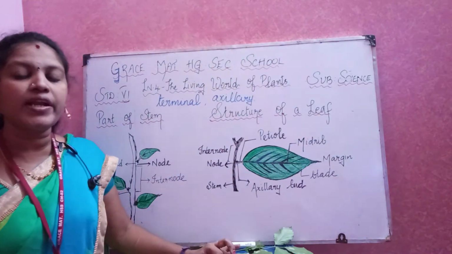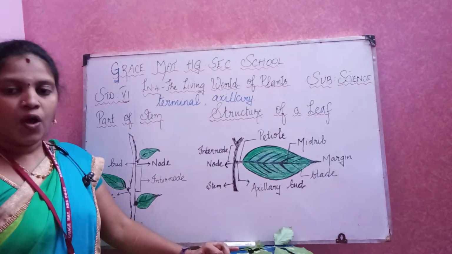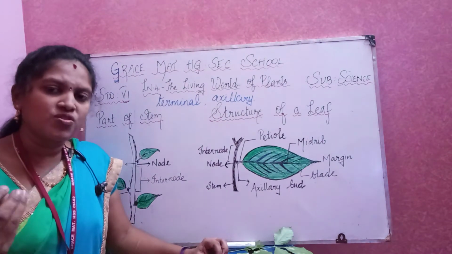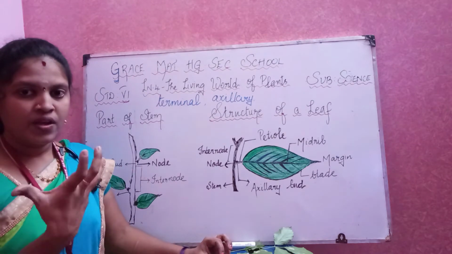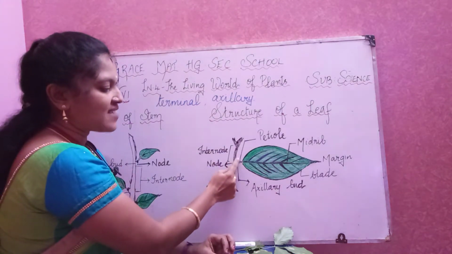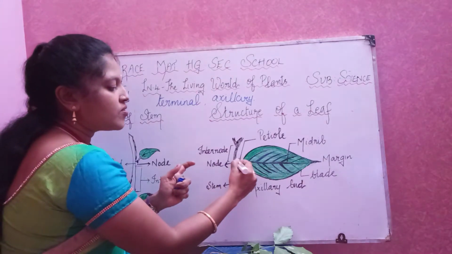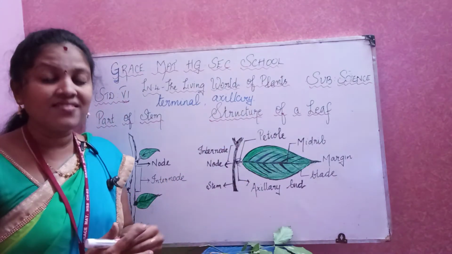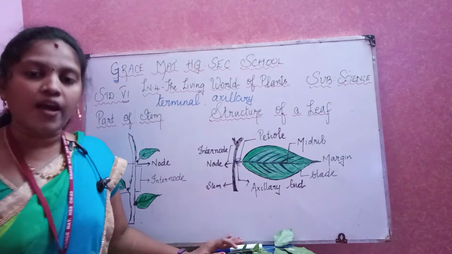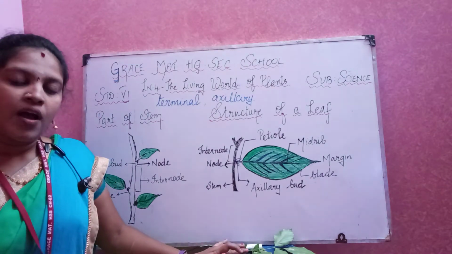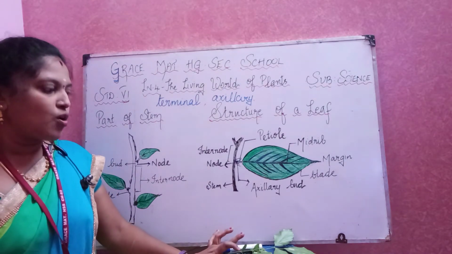What is it called, children? Leaf base. Sometimes in some plants you could see lateral growth at the axillary bud. You could see some growth over here. This part is called stipules. What is it called? Stipules. Okay, children? Are you all clear with the structure of the leaf?